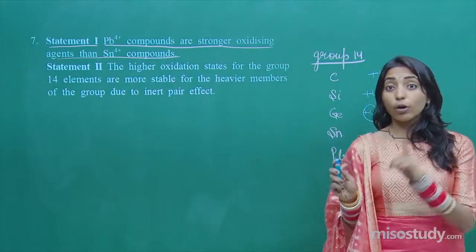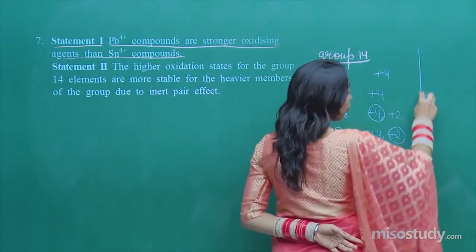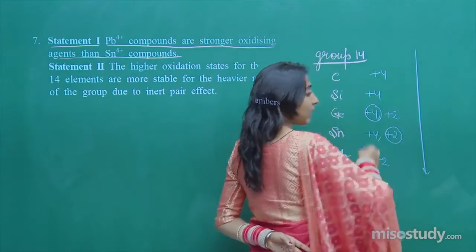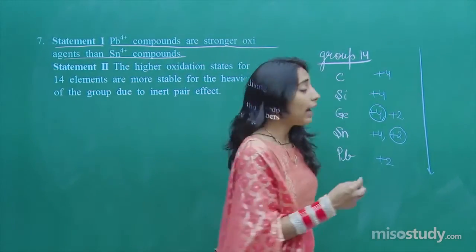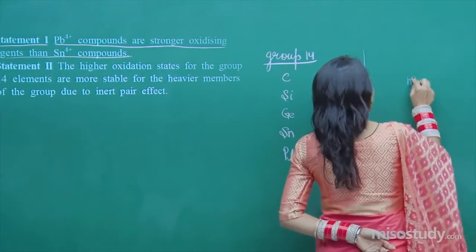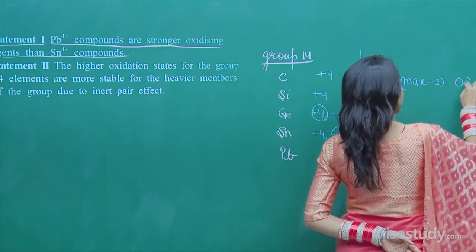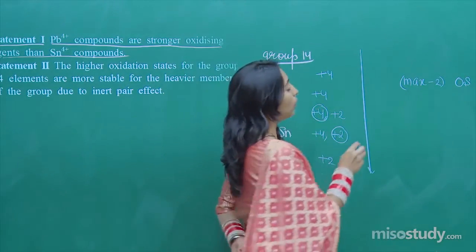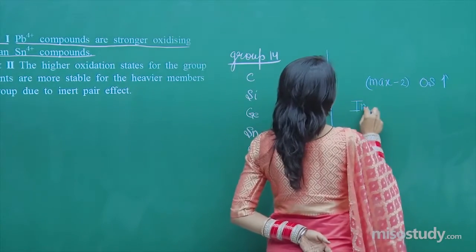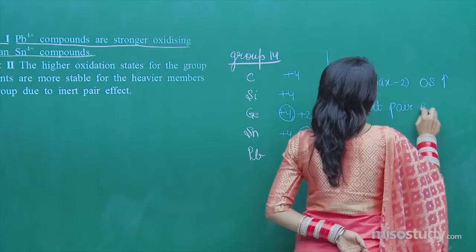And if I'm not wrong, I think I have given you this explanation also, that when you go down the group, the stability of maximum oxidation state decreases, and the stability of the +2 oxidation state increases. And this all was given the reason because of inert pair effect.